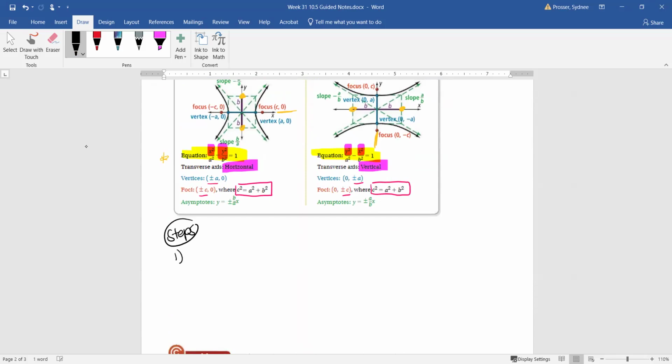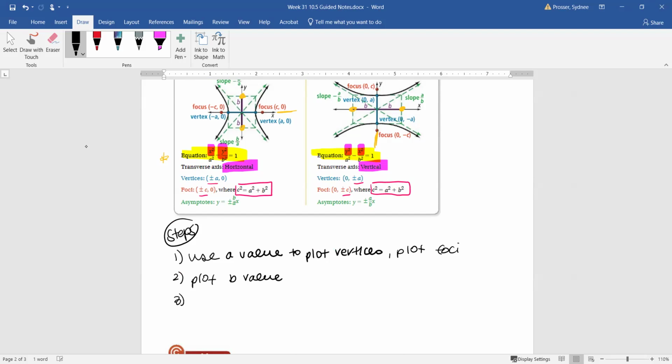Very first thing is we want to use the a value to plot the vertices. We can obviously then also plot the foci. Our second step is to plot the b value. And that goes in the opposite direction on the opposite axis.